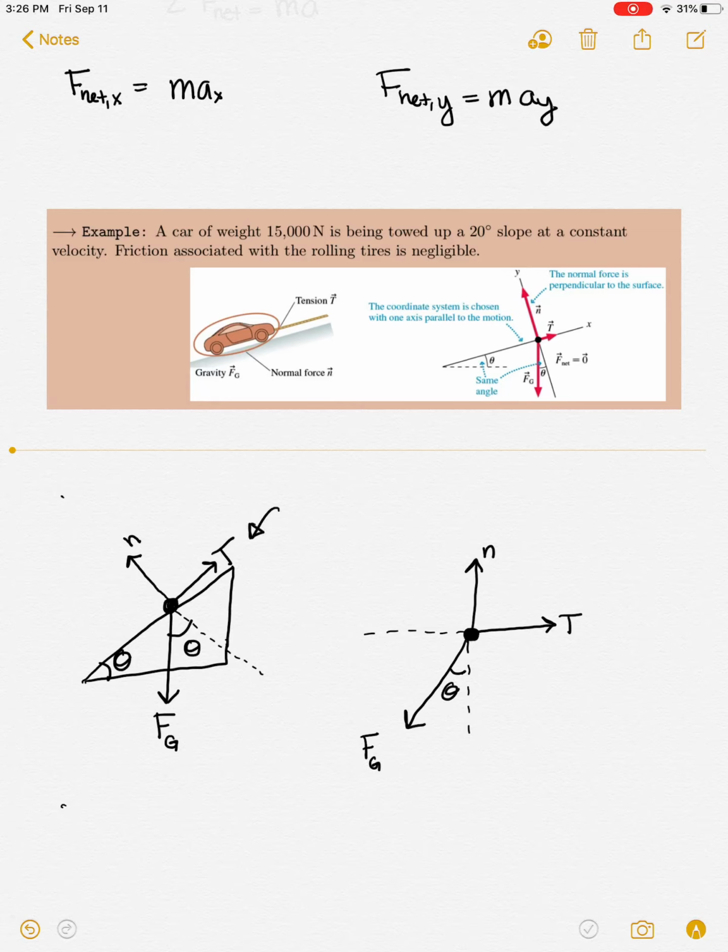If I kept everything this way, then I would have to take the cosine and sine of the tension, the sine and cosine of the normal force, and it would become a lot messier. By flipping my axes, I can say that my tension is only in the x, my normal force is only in the y, and my gravitational force is the only thing that I have to split up into the FGX and then the FGY.